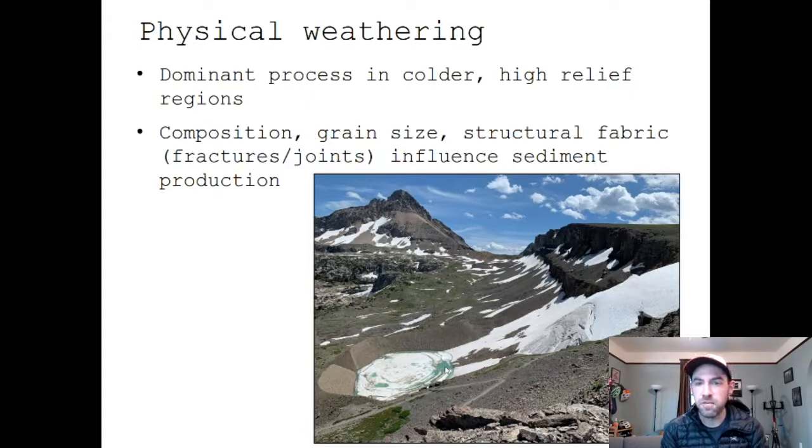But there's a significant additional influence from things like the composition of the rock that you're weathering, the grain size, and the structural fabric of the rock, whether you have fractures or joints. All of those inherent rock properties also influence sediment production, as well as things like weather and climate.